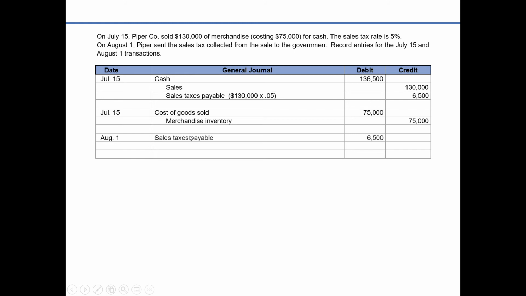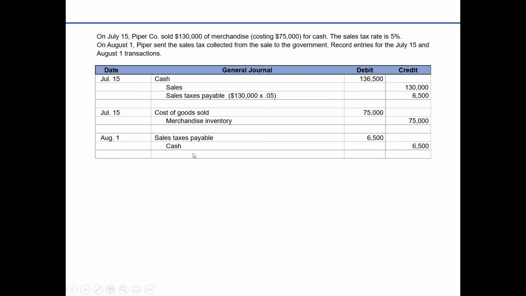We decrease liability accounts by debiting them. So we're going to debit sales tax payable for the $6,500. We're also going to credit cash because they're going to pay the cash, that much less cash. They initially received it. Now they're paying it off. So credit cash for $6,500. At this point, they fulfilled their obligation. There would be a zero balance in sales tax payable and equal debit and credit.